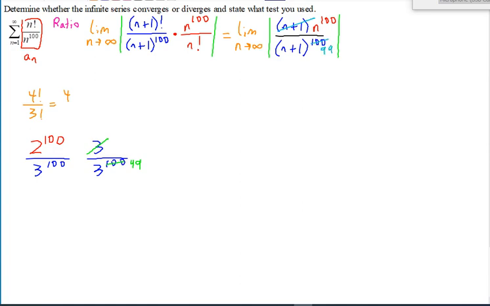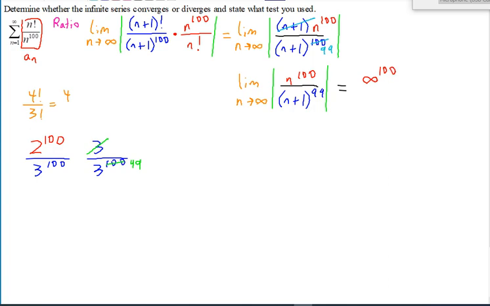So now what we've got is the limit as n approaches infinity, absolute value of n to the 100th, and now we've got n plus 1 to the 99th on the denominator. So then when you substitute in infinity, you get infinity to the 100th.